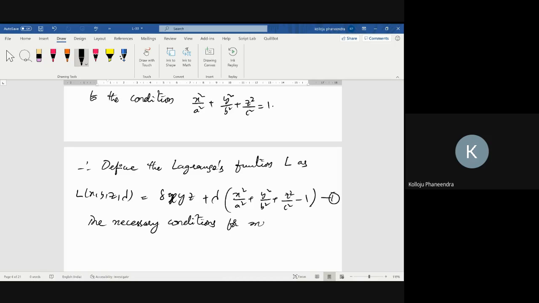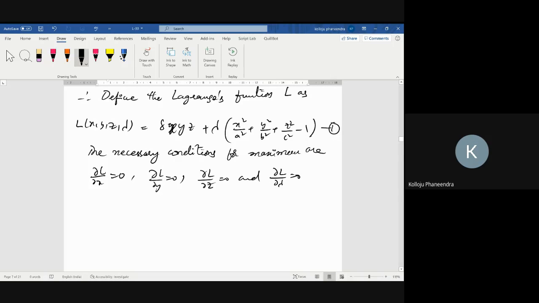for maximum are dou L by dou x equal to 0, first condition. Dou L by dou y 0. Dou L by dou z 0. And with respect to multiplier, dou L by dou lambda 0. Now, what does this become?